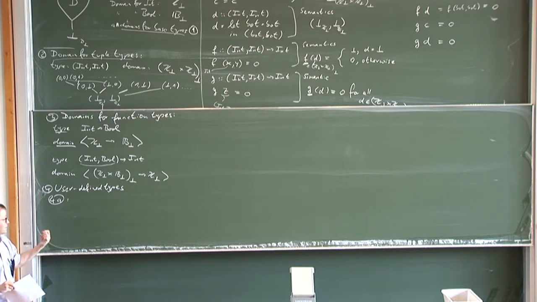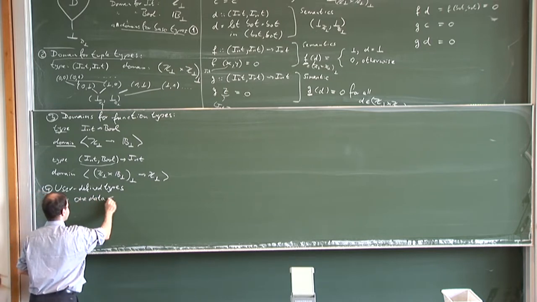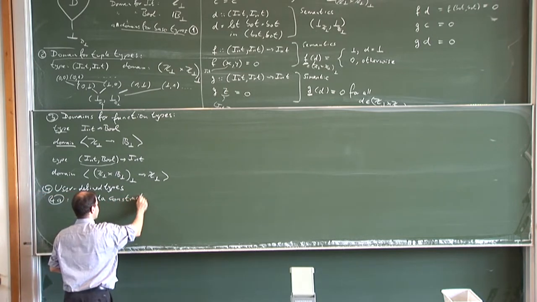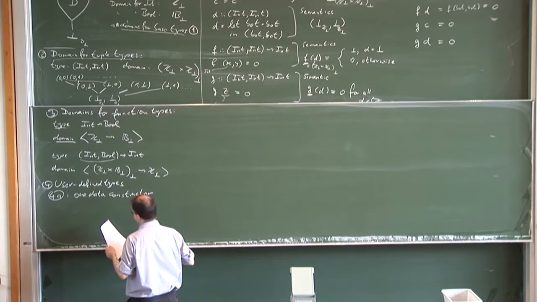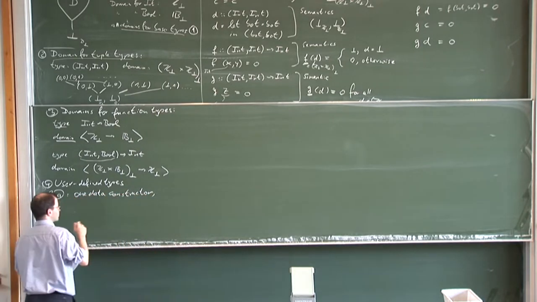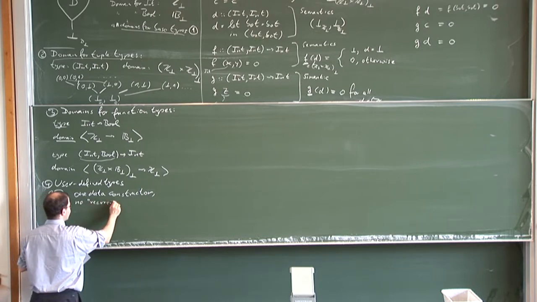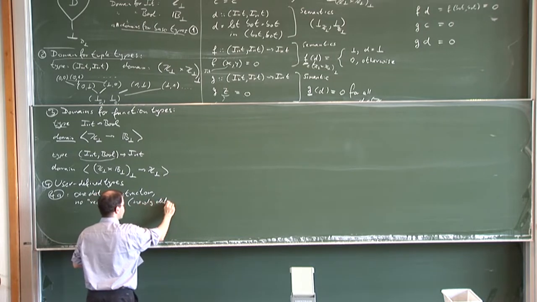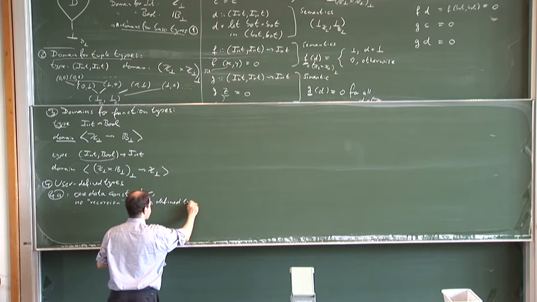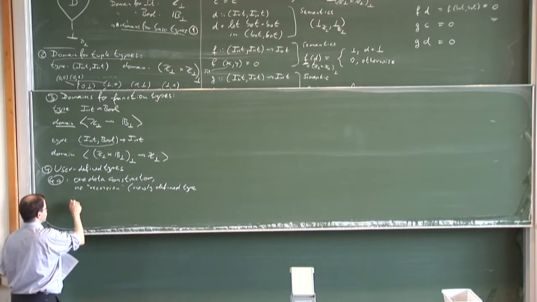And moreover, we will start with very simple user-defined types where we have just one single data constructor. So just one data constructor and no recursion. I mean the newly defined type does not also occur in the arguments of the data constructor.